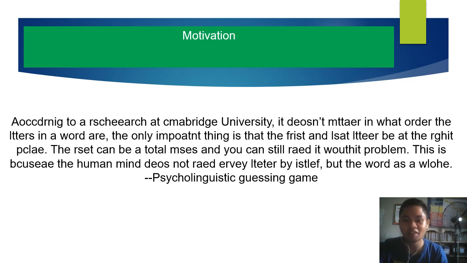This is because the human mind does not read every letter by itself, but the word as a whole. That's what linguists say. Which is very true, that as of the moment, we not only rely on the sounds of each letter, but of course the word as a whole. We will be deepening on this part as we go through our discussion.